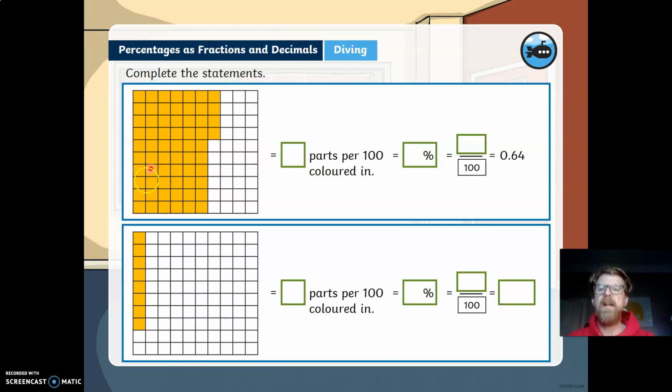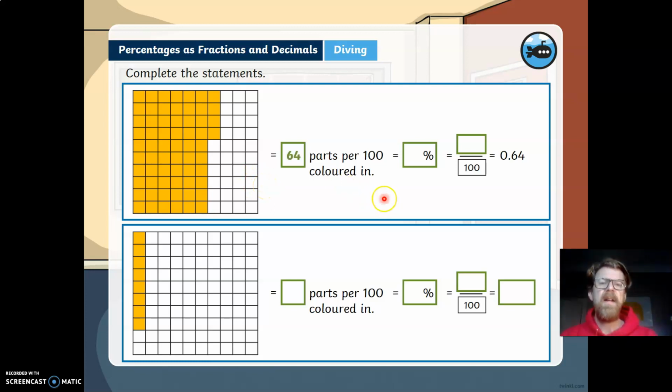We know there's 100 here because there's 10 across the top, and 10 times 10 is 100. I could count 1, 2, 3, 4, but I'd be really bored by the time I got to about here. So I'm going to go 10, 20, 30, 40, 50, 60, 1, 2, 3, 4. So that's going to be 64 parts in there.